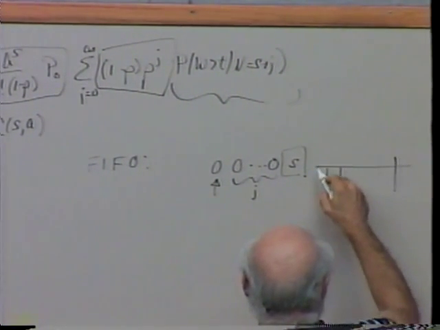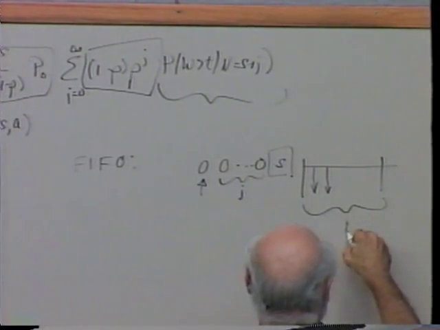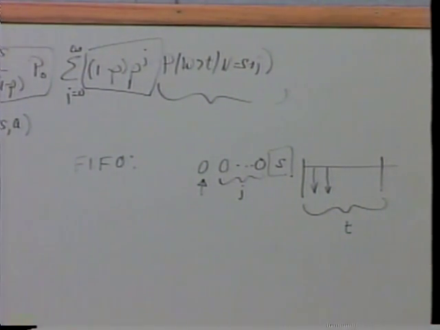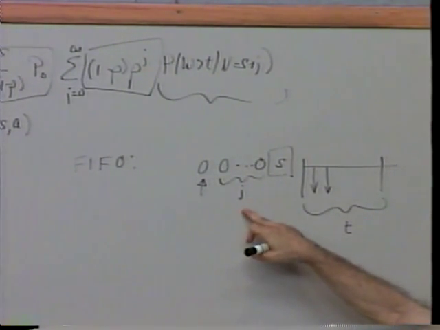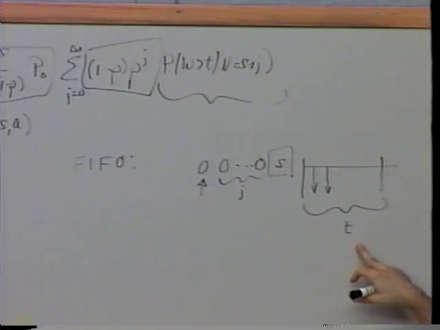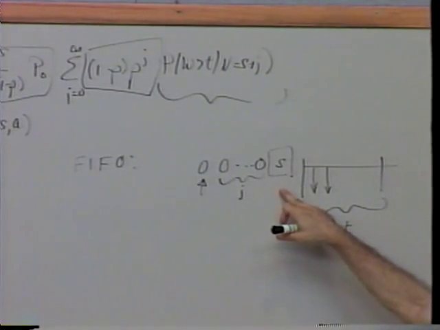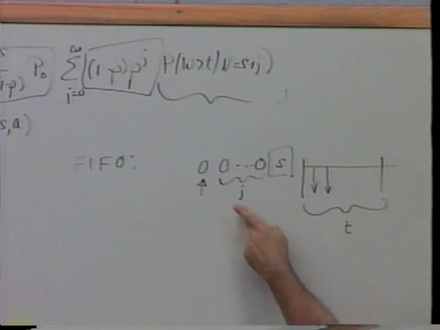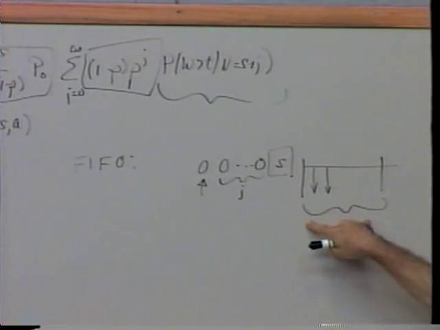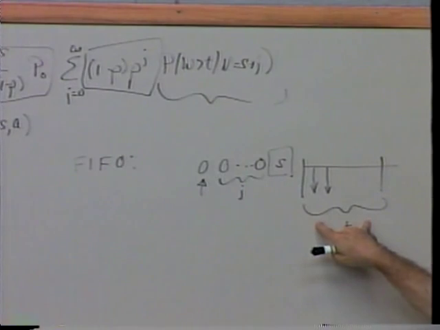And if this is an interval of length t, let's say, then I will wait longer than t if the number of departures in length t is not enough to get me into the servers. So suppose that j were 0. If j is 0, then I will wait longer than t if the number of departures in the interval of length t is none. If j is 1, then I will wait longer than t if the number of departures is 0 or 1, and so forth.